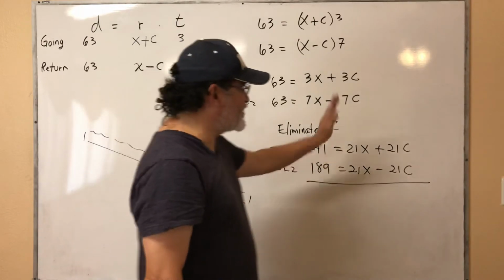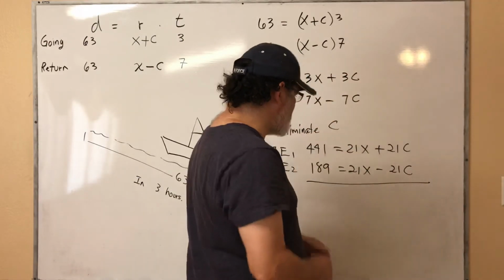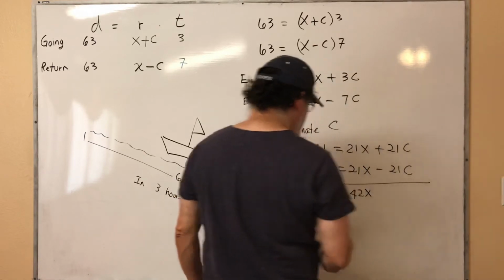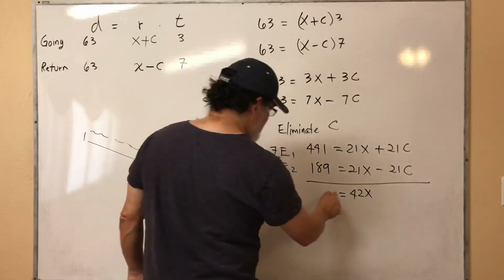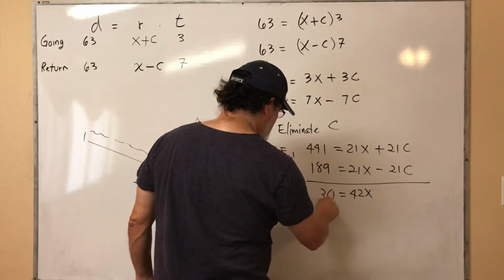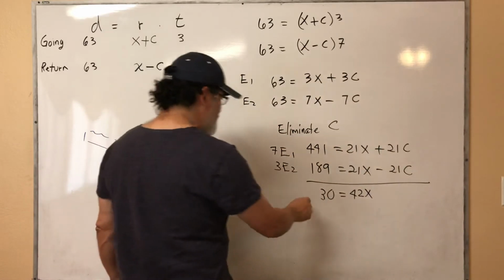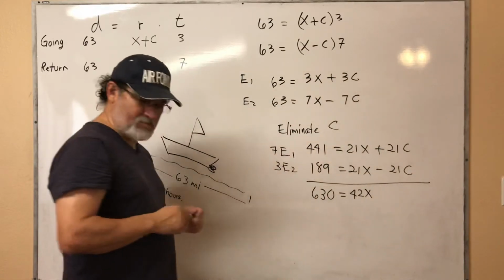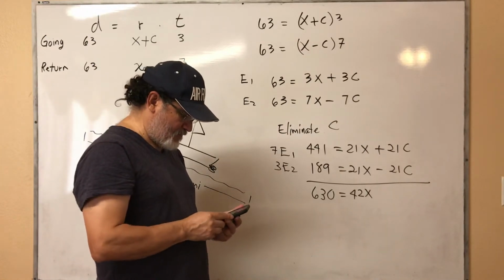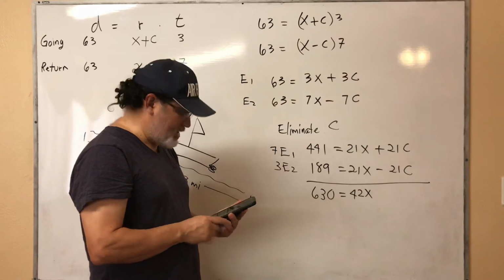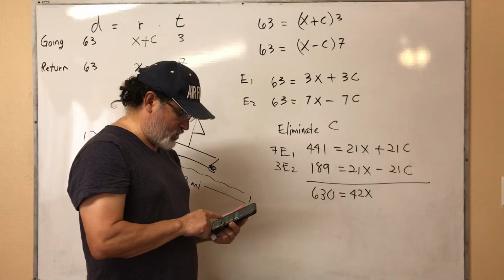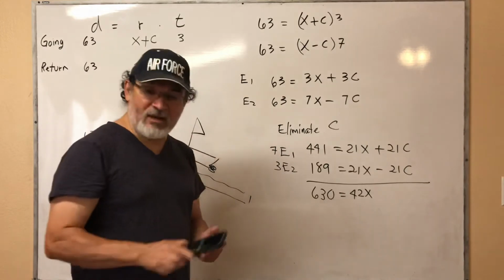Okay, that's a 0. And what is this? This is 42x. And what is this? 441 plus 189 is 630. And now all we have to do is take 630 and divide it by 42, and we get 15.